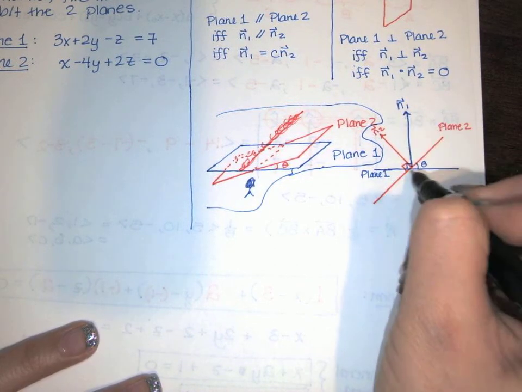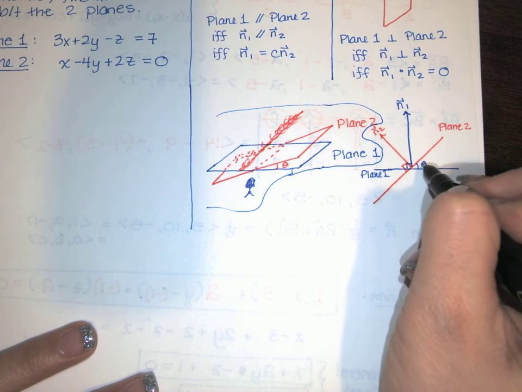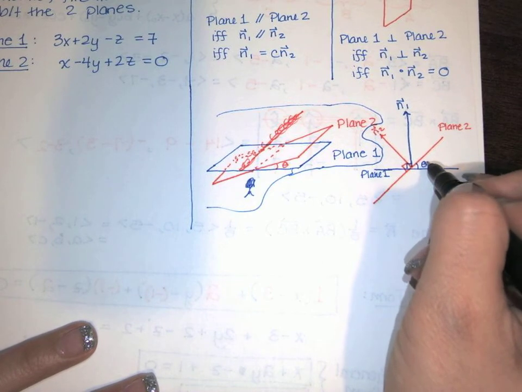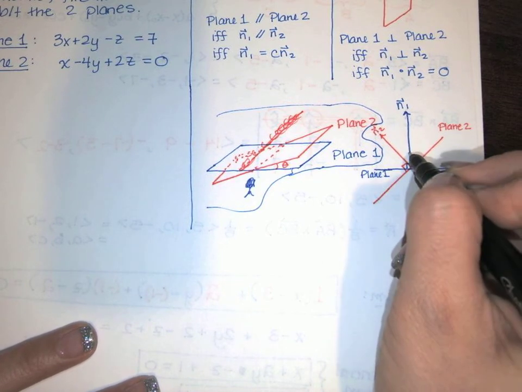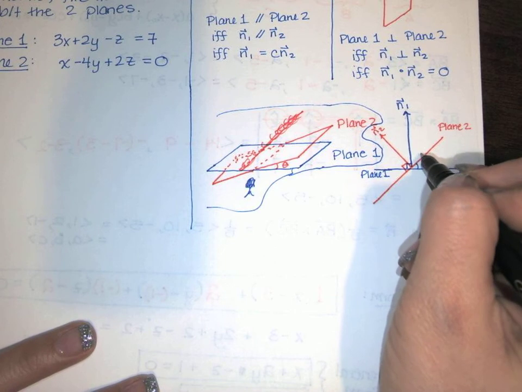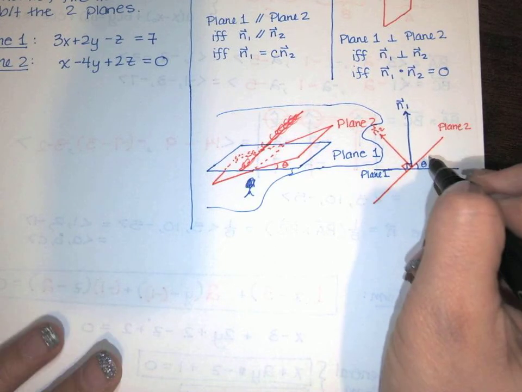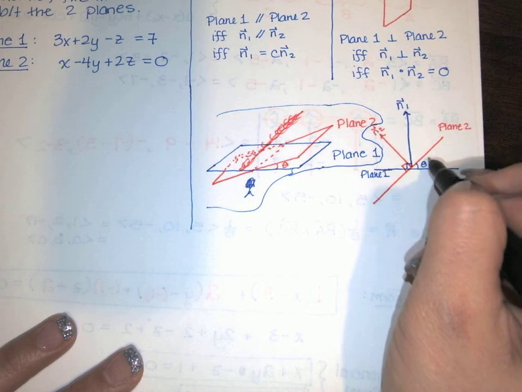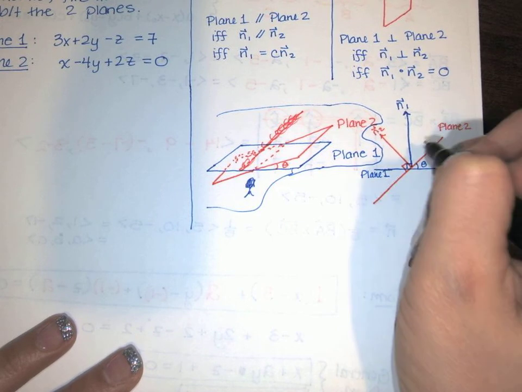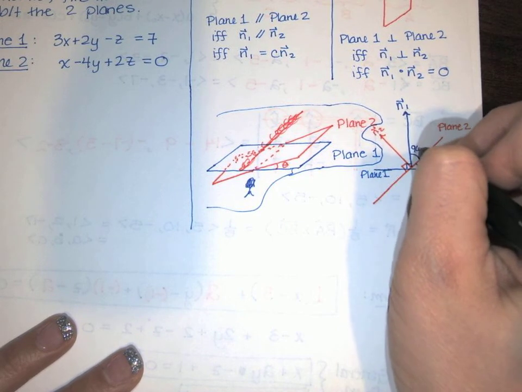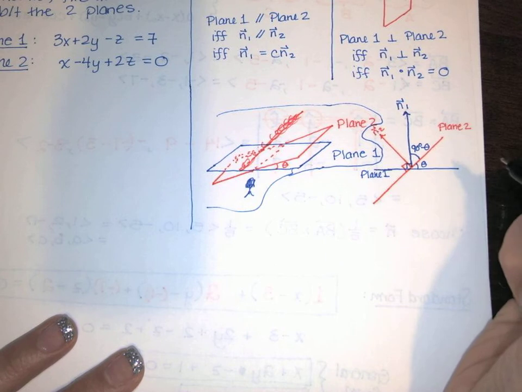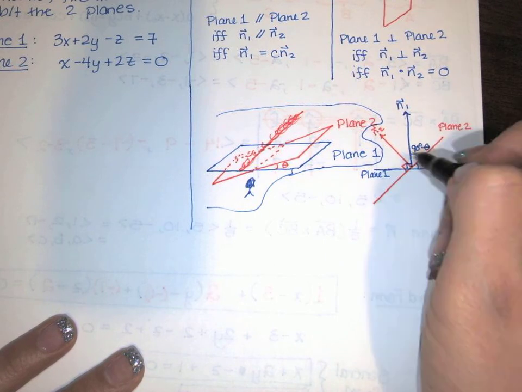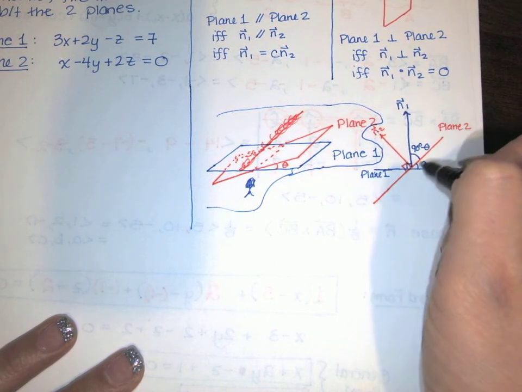Since N1 meets plane 1 at a 90-degree angle, if that's theta, let's say it was 30 degrees, what's that angle going to be? If you said 60 degrees, you're right. It's going to be exactly what I would need so that these two angles add up to be 90 degrees. So if that's theta, this is going to be 90 degrees minus theta. And then I've got a right angle right here.